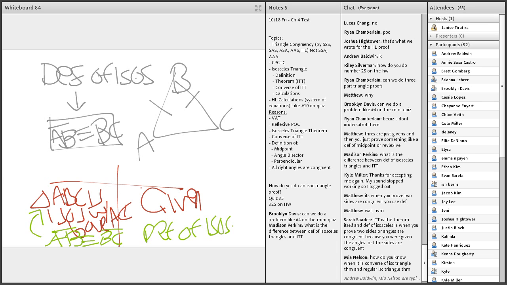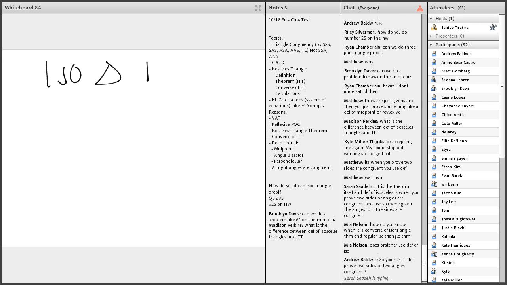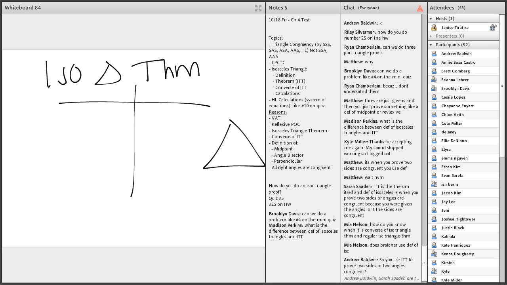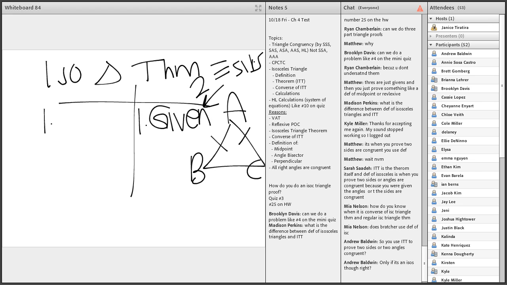Versus the isosceles triangle theorem. That's when you have to have a beginning and an end. The beginning has to be given. It's not interchangeable. If it is interchangeable, it will make it converse. So we have to state two sides are congruent first. Two congruent sides is always the given.